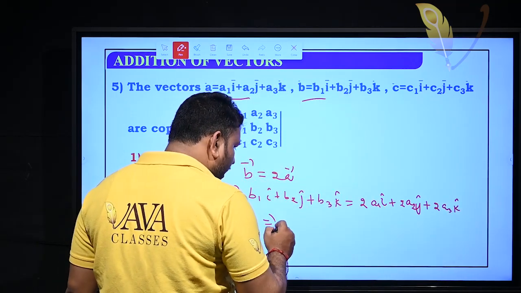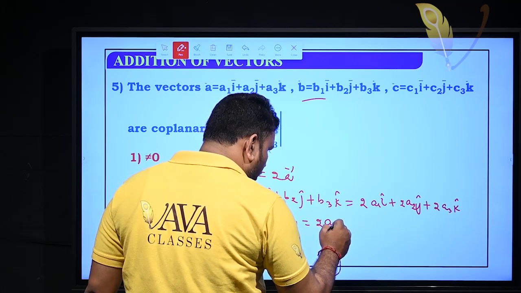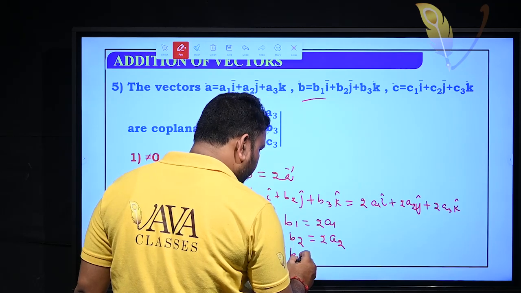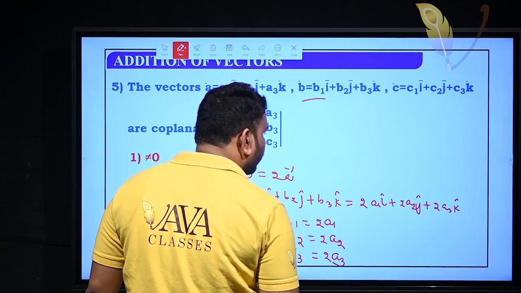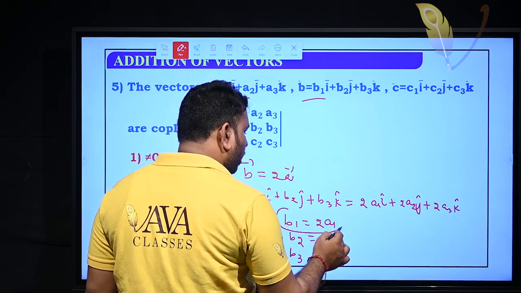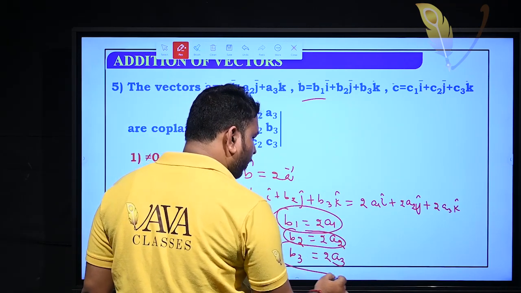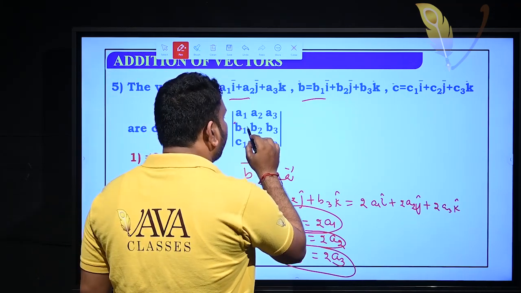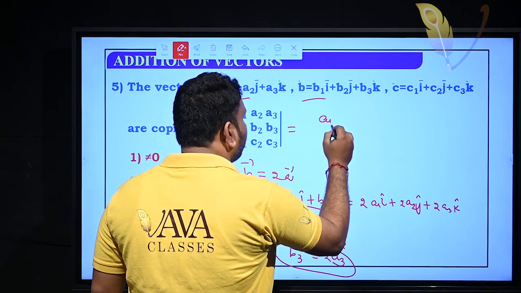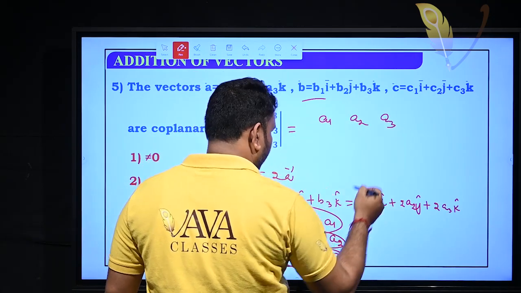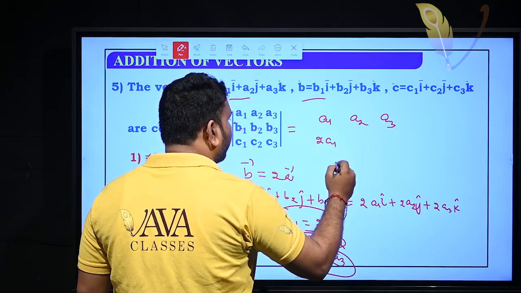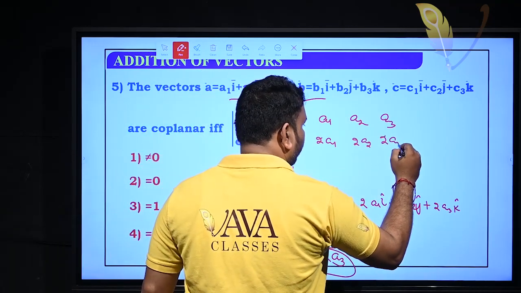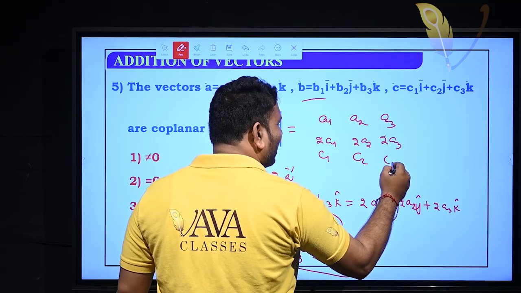So by comparing we get B1 equal to 2A1, B2 equal to 2A2, B3 equal to 2A3. In the determinant, B1, B2, B3 are replaced by 2A1, 2A2, 2A3, and C1, C2, C3 remain the same.